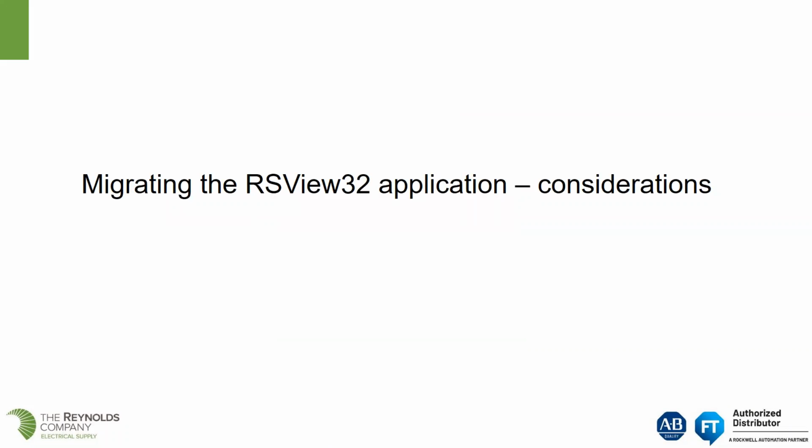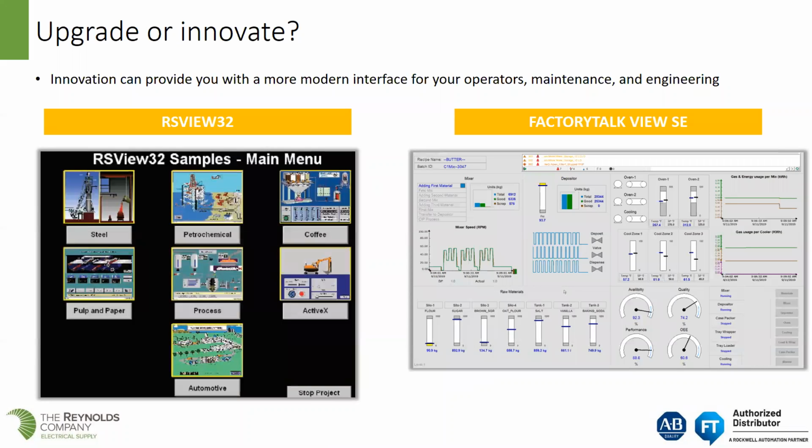And then there's considerations for migrating RSView32 applications. One is, should you upgrade directly? In other words, we can take an RSView32 project and import it directly into FactoryTalk View Studio. But what we're going to get out of that is an RSView32 project running in FactoryTalk View Studio. And lots of things have changed since RSView32 was introduced.